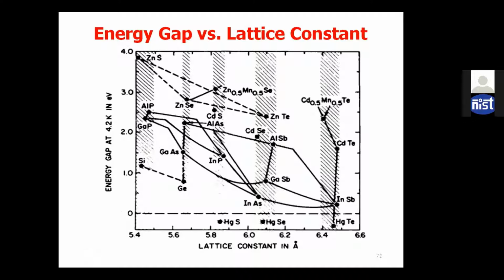So to tune the band gap, we should know about the lattice constant versus the corresponding energy, because we cannot take any two binary or any two semiconductors and make a new type of material. There are certain rules, followed by the lattice constant with respect to the energy gap, which is plotted at 4.2 Kelvin.